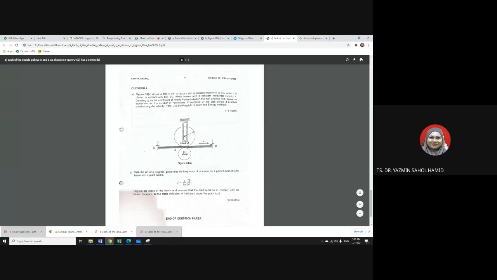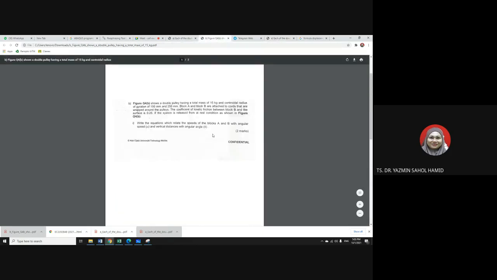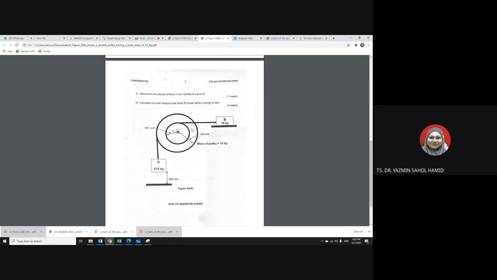The only difference is they don't give values; everything is in terms of V, mu, N, M, R. But it's actually very simple and easy. You can also try it by yourself at home. And for this question, it is also very simple and easy to do. Only this time there are two pulleys, with one weight of 10 kilograms and the other weight at A of 12.5 kilograms. So we will continue this question on Monday.